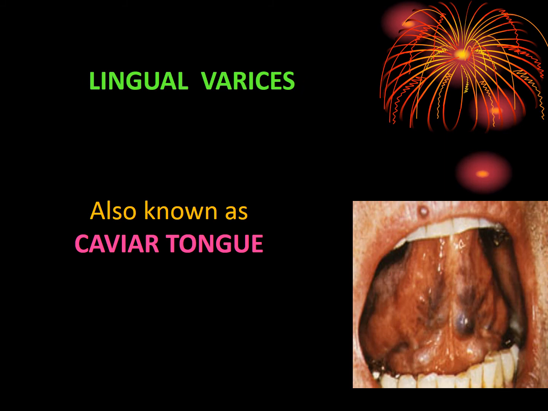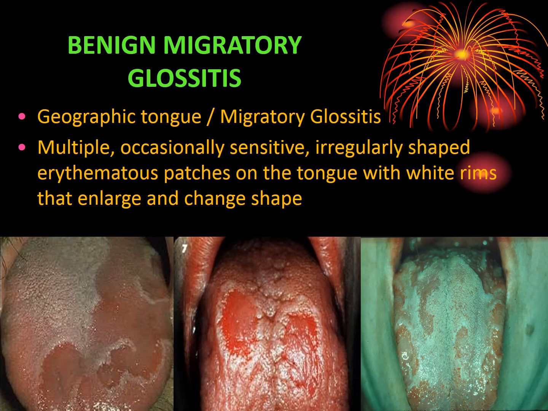So next is the lingual varices. It is also called caviar tongue. The veins running in the ventral surface of the tongue will be bulged, which leads to the formation of lingual varices. So next one is benign migratory glossitis, which is also called geographic tongue. There will be multiple irregularly shaped erythematous patches on the tongue with white rims that enlarge and change shape.